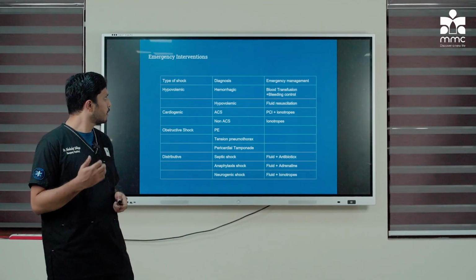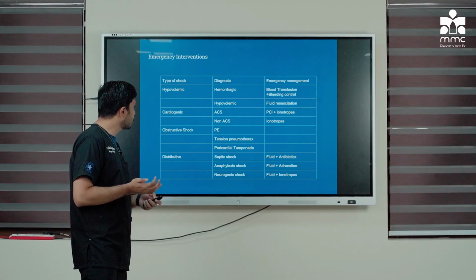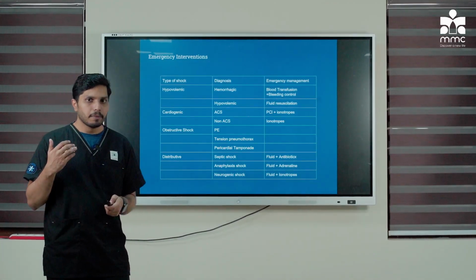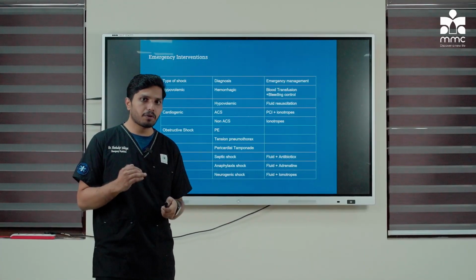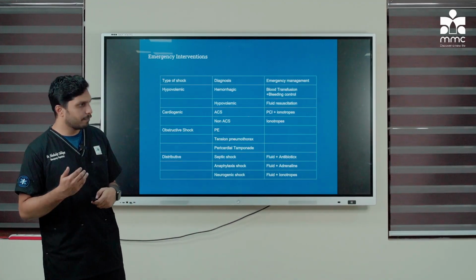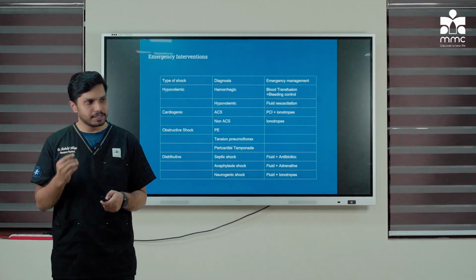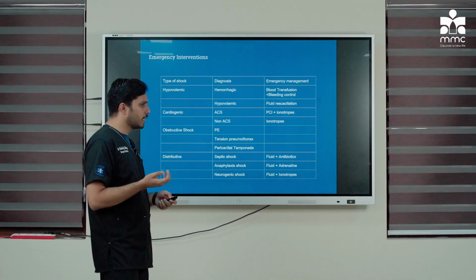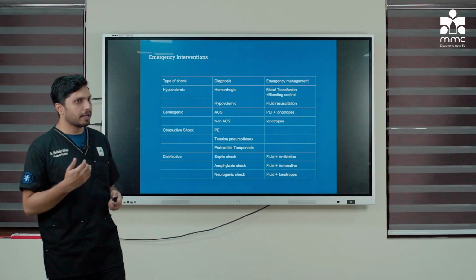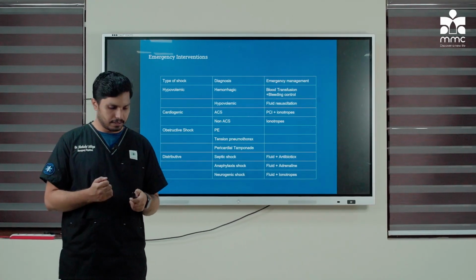If an acute coronary event is causing the cardiogenic shock, we have to do primary coronary intervention, with or without inotrope support. And if it is not because of an acute coronary event, we have to initiate inotropes and support the cardiac function.